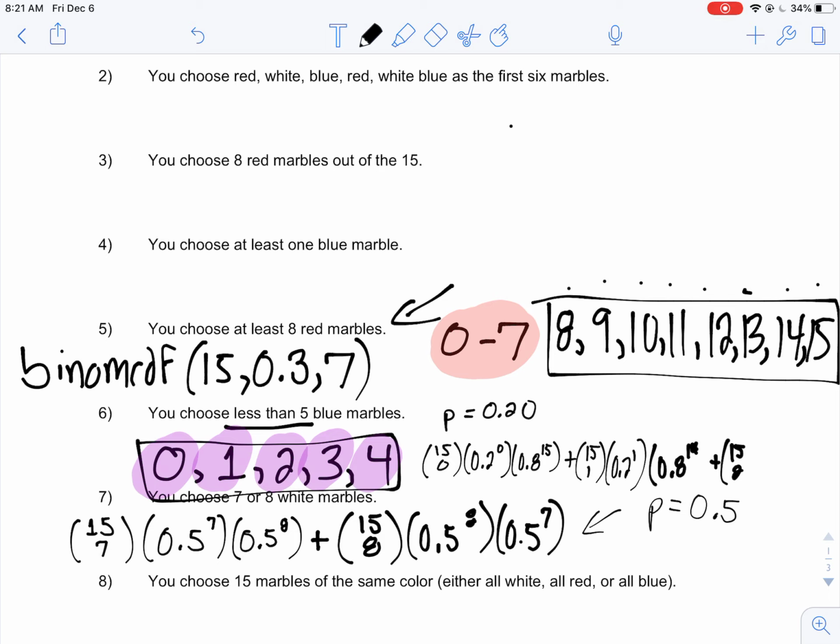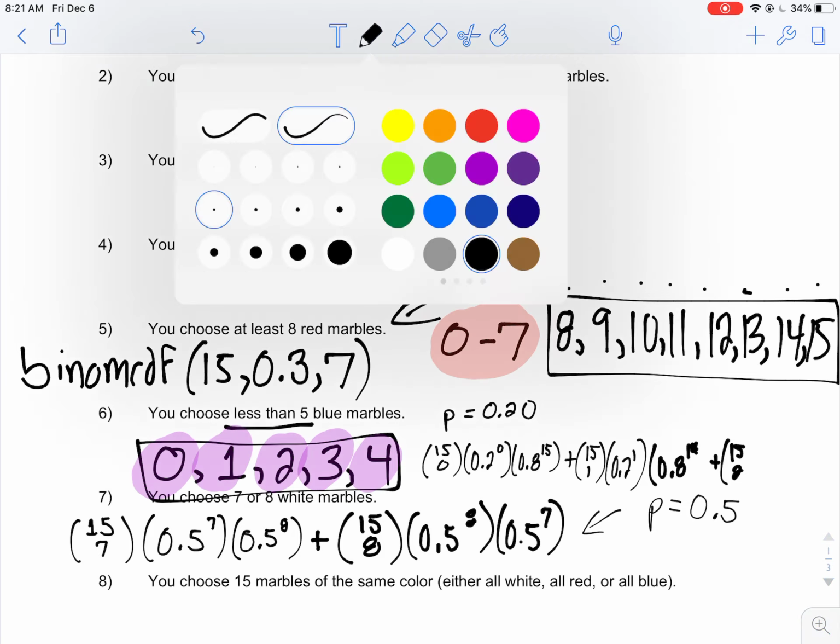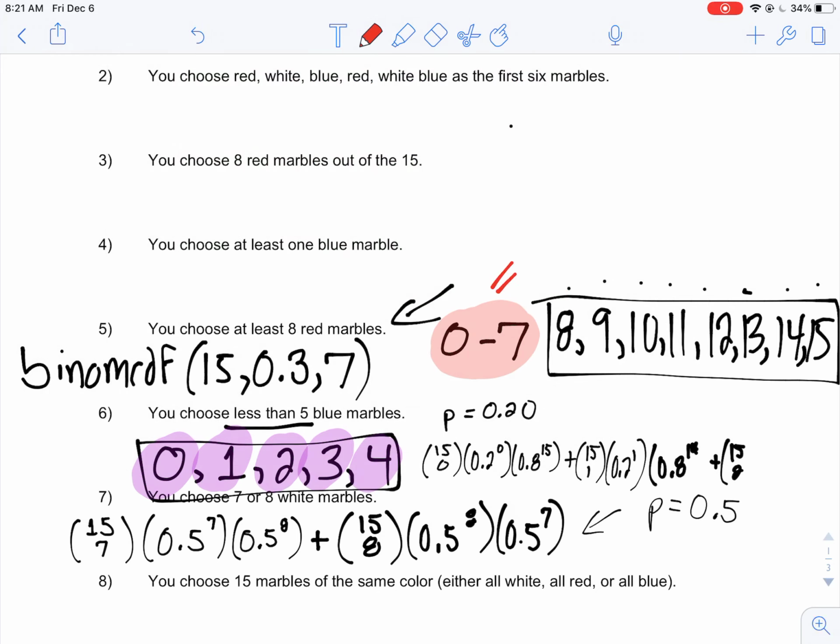So Binomcdf, I'm going to enter in 15, then 0.3, and then 7. And what the calculator just gave me is a nice little answer here. This gave me everything from all the combinations from 0 all the way up to 7, and I got 0.949.